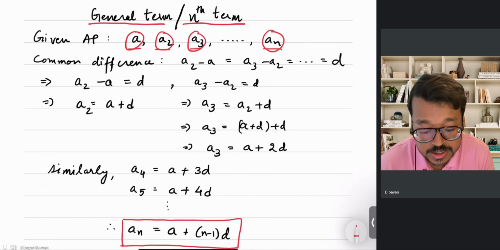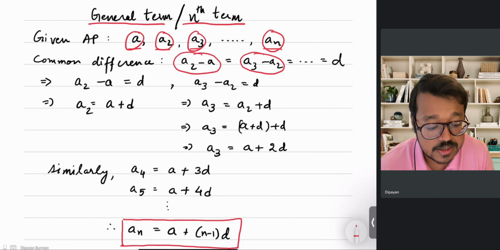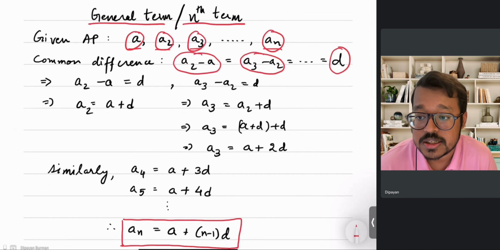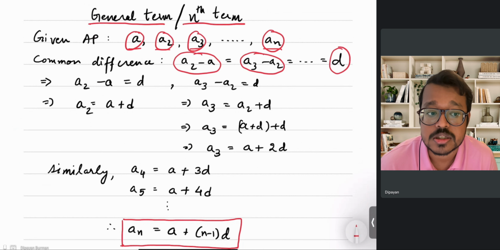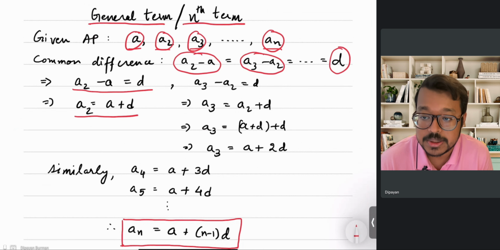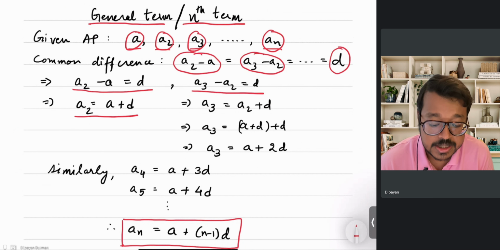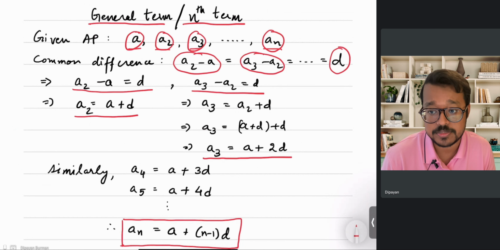So if I do the second term minus the first term, A2 minus A, that should be equal to the third term minus the second term, and so on, and I can say it is the common difference D. So the second term A2 will be A plus D. In the same way, the third term minus the second term is also the common difference, and if I write it down, I will find that the third term A3 is equal to A plus 2D.